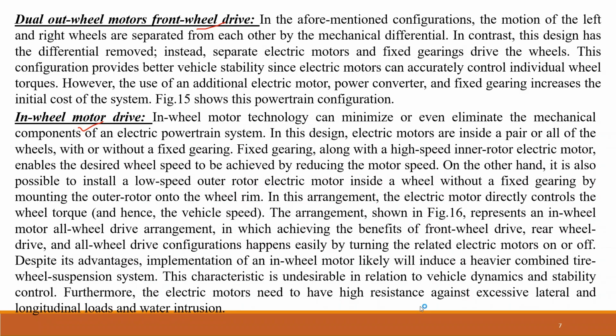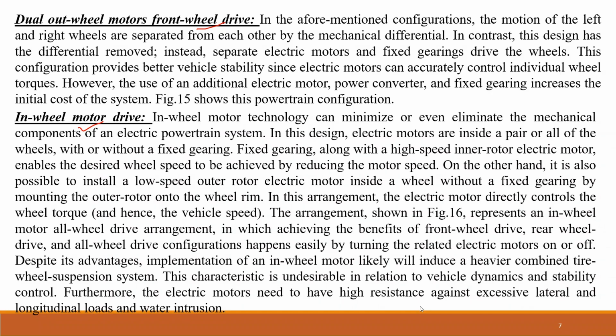Despite having certain advantages, the implementation of an in-wheel motor will likely induce a heavier combined tire, wheel and suspension system, and this characteristic is quite undesirable in relation to vehicle dynamics and stability, because when separate motors are used for all the wheels, the weight increases naturally.